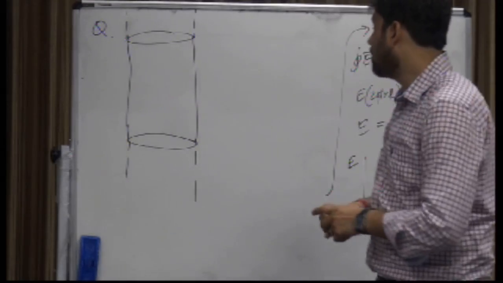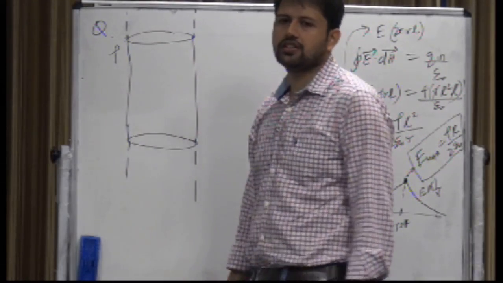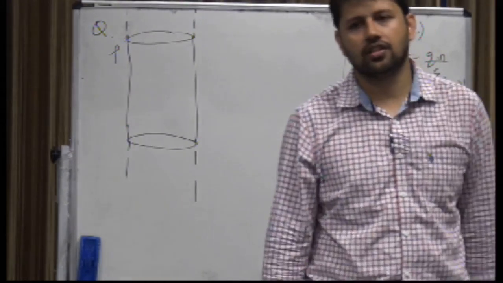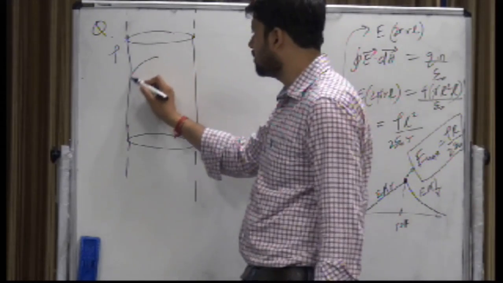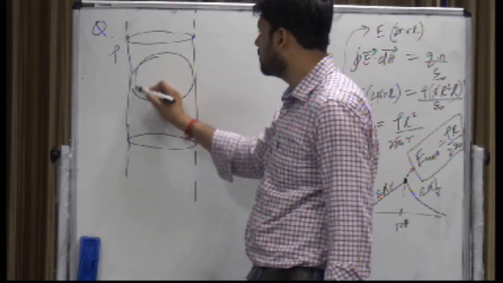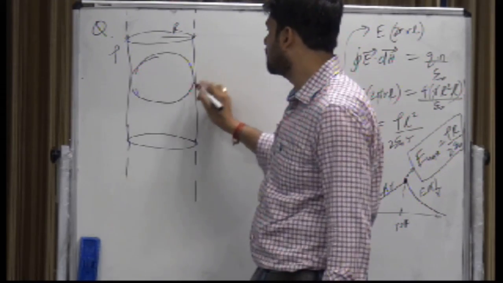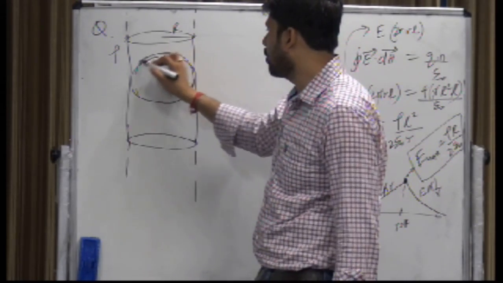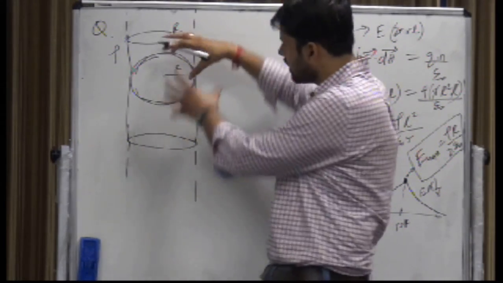This is a long solid charged cylinder of uniform charge density rho. Out of this, a sphere of almost the same radius r is cut. Almost means the two parts are not separated.